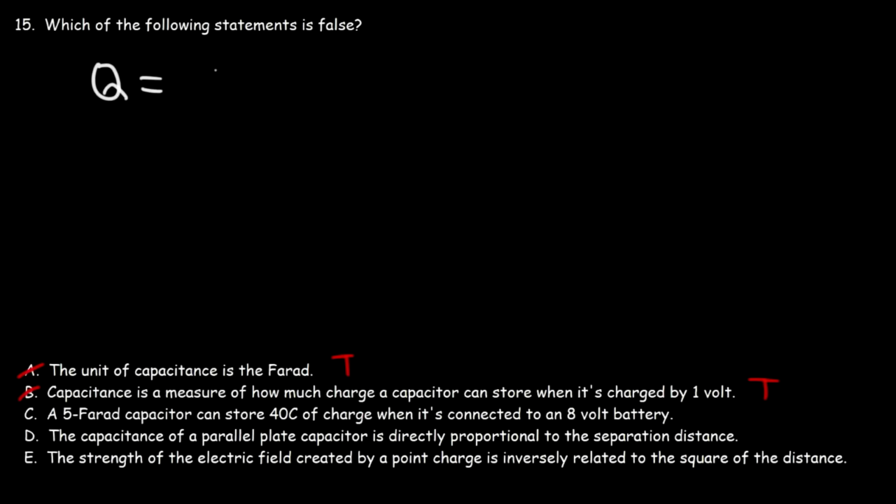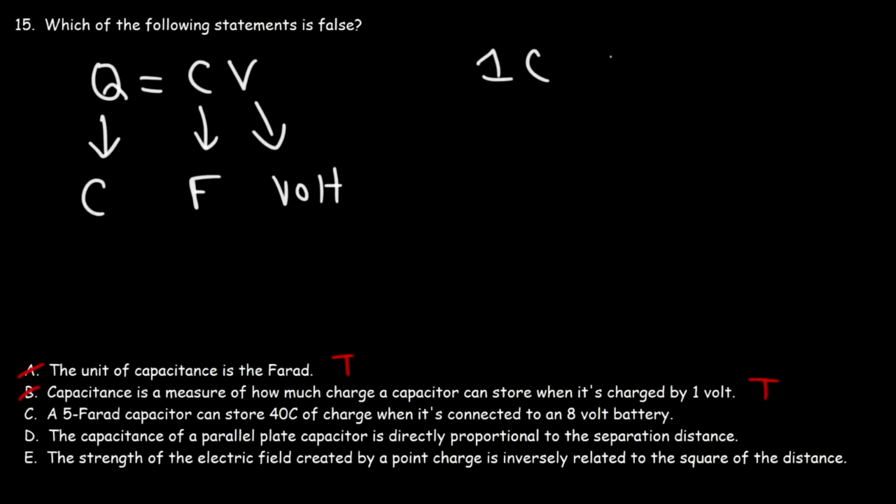Q is equal to CV. Q represents the electric charge stored by a capacitor, and Q is measured in the unit coulombs. C represents capacitance, and the unit for that is the farad, and V is the voltage. The unit for that is the volt.